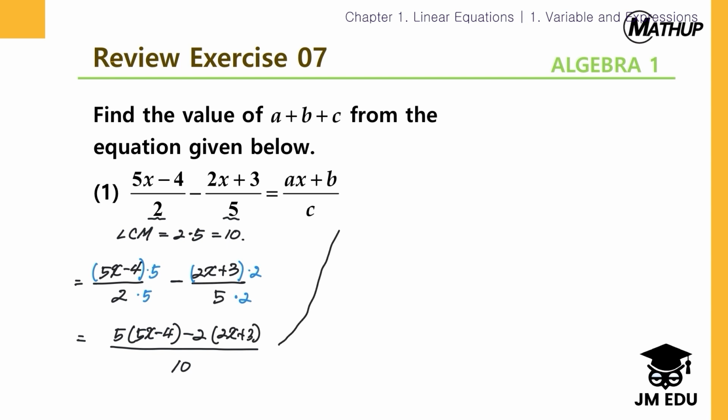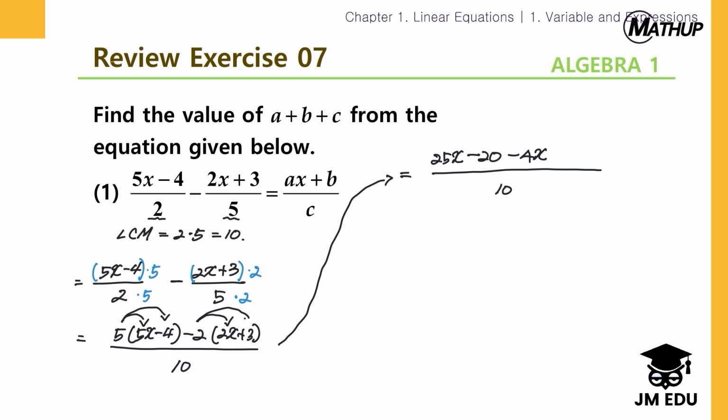So let's write the next step over here. So denominator is 10. So 5 times 5x, that's 25x. 5 times minus 4, that's minus 20. Minus 2 times 2, that's minus 4x.